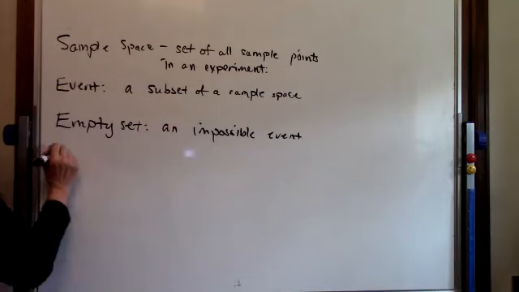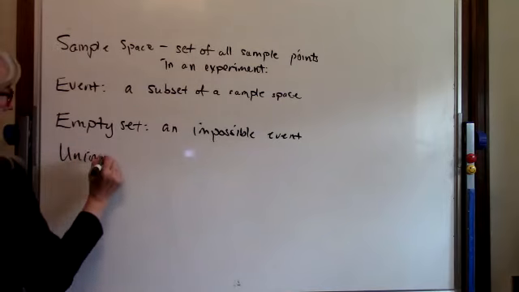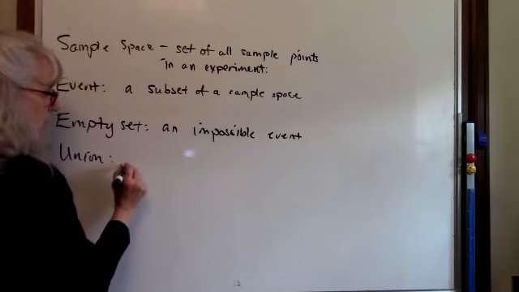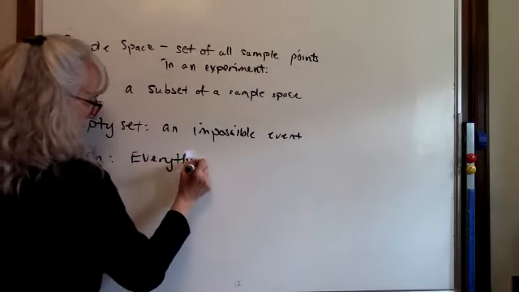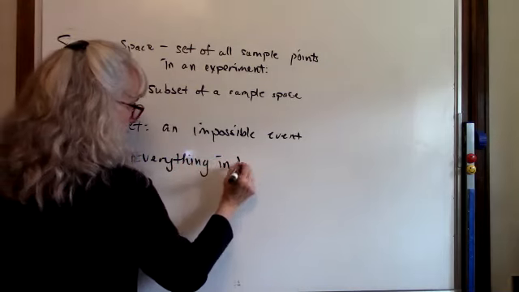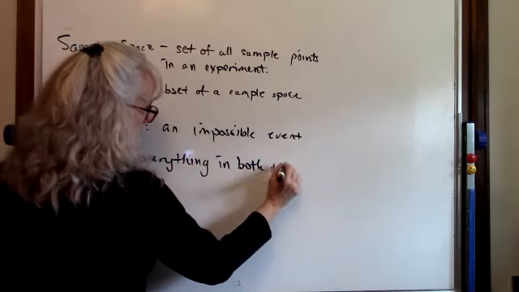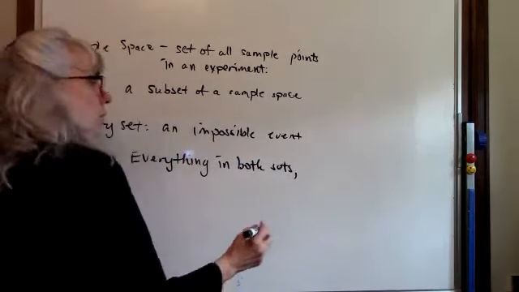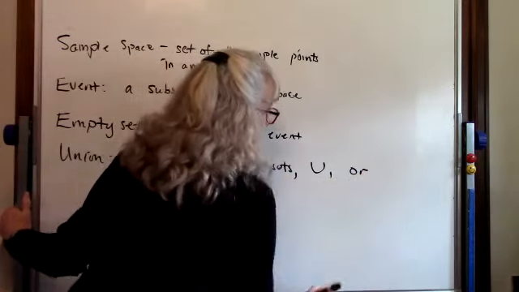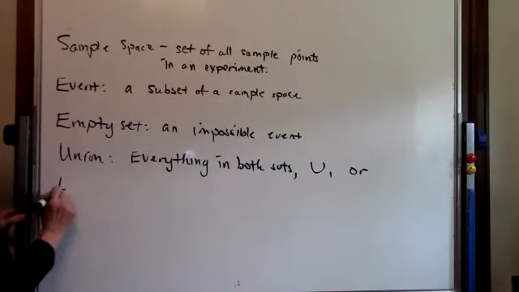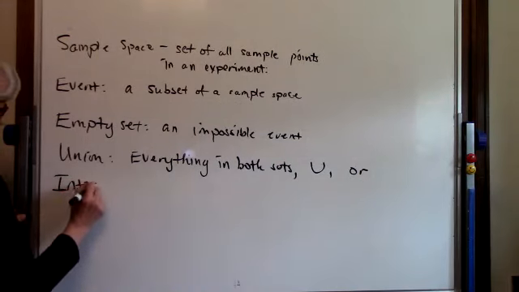The other terms we have are union. We know that union means everything in both sets. If you remember right, the notation for a union looked like a U, and the key word was or. We have intersection.